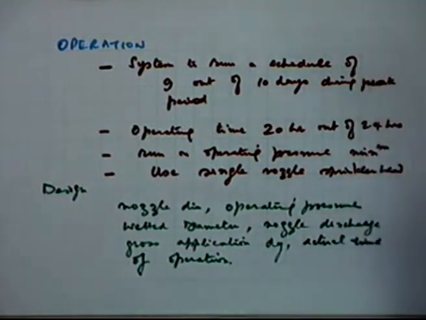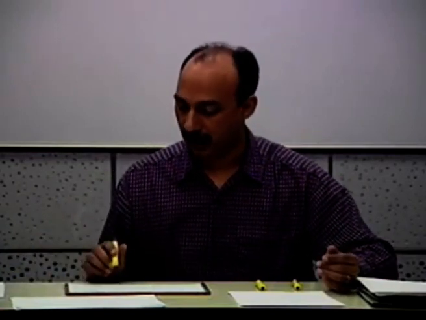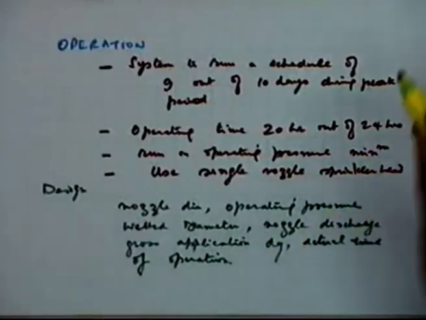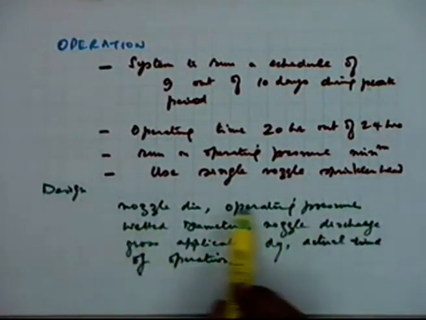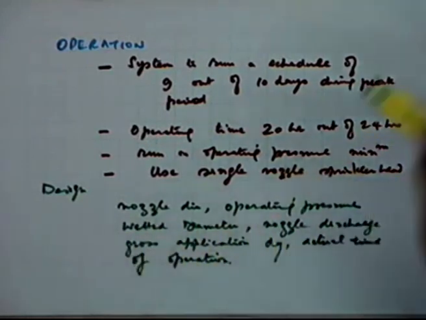We had said that we will try to confine our time within the irrigation interval, but the actual time of operation can be much lower or it can be within the irrigation interval. How much will be the actual time of operation? That is what we have to find out, and that will be a function of what are the other parameters which have been selected.